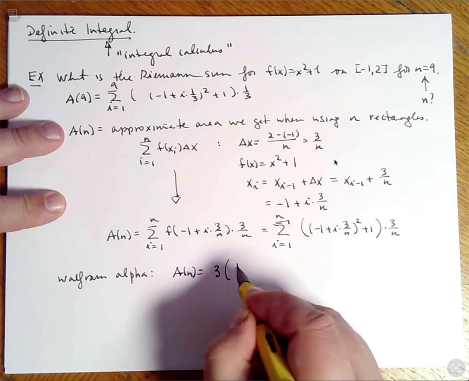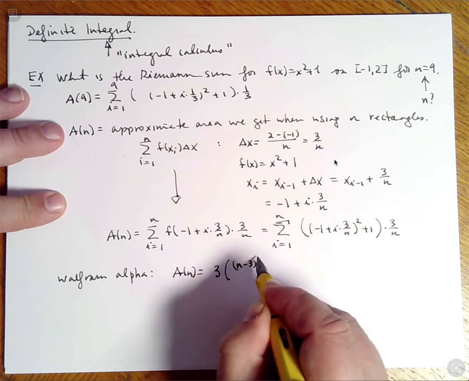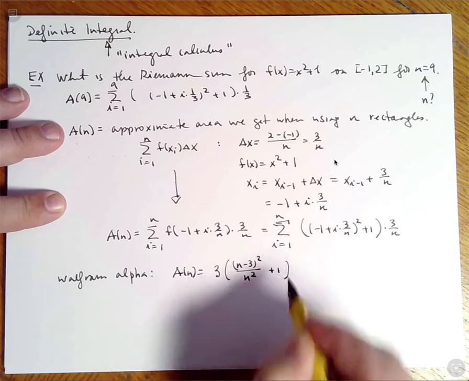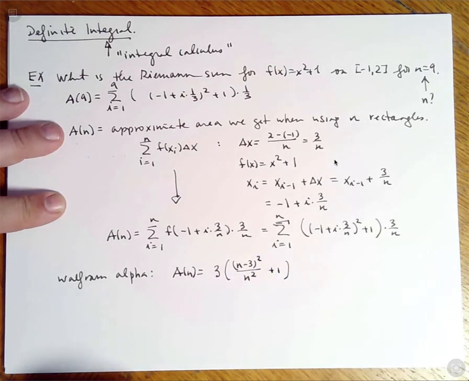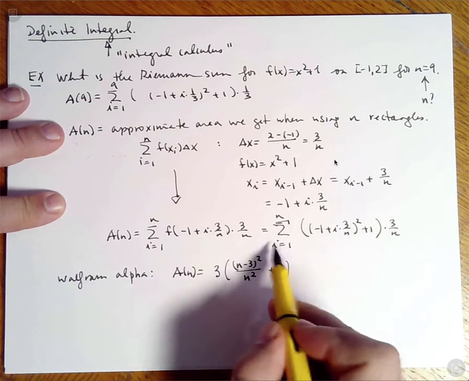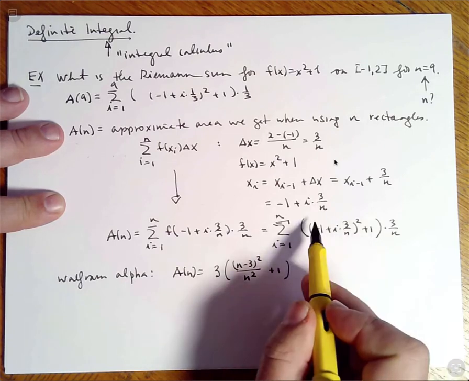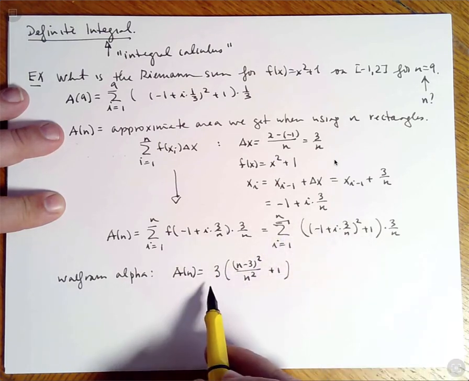It'll give you a formula for A sub n. It looks like this. And there's no sigma notation. Wolfram Alpha has done something to look at this pattern and see that it turns out to be this.